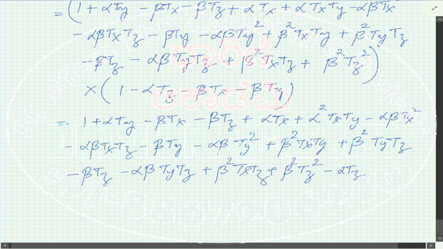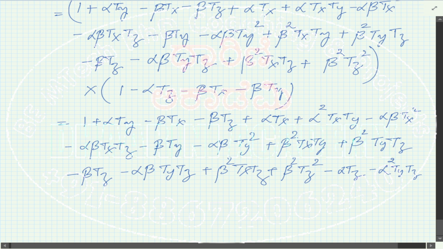Now there is a possibility of getting terms cancelled. I just have to keep checking, and if something comes, we will cancel it there itself. So 1 into this is minus alpha Tz. Then alpha into alpha, minus alpha square Ty Tz.